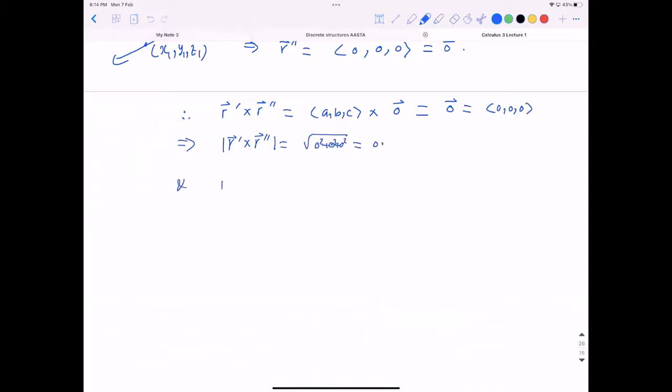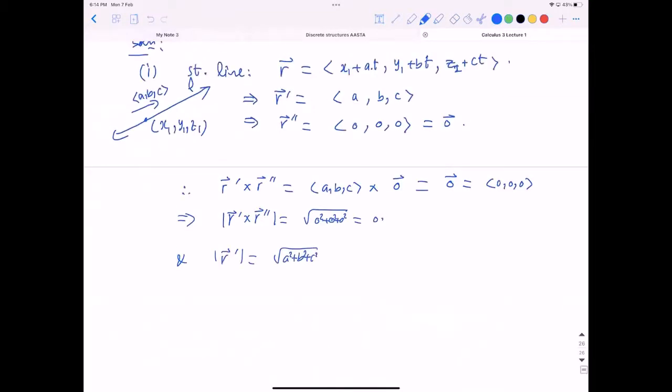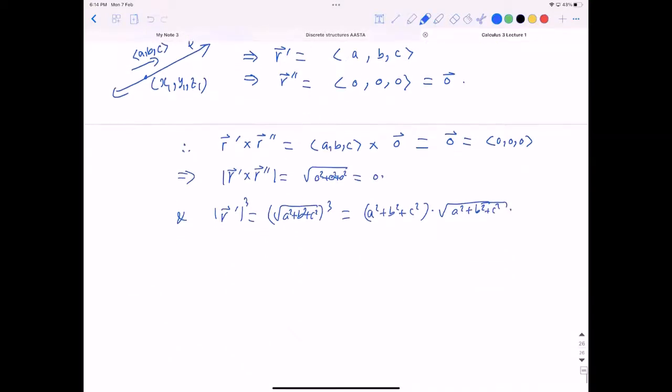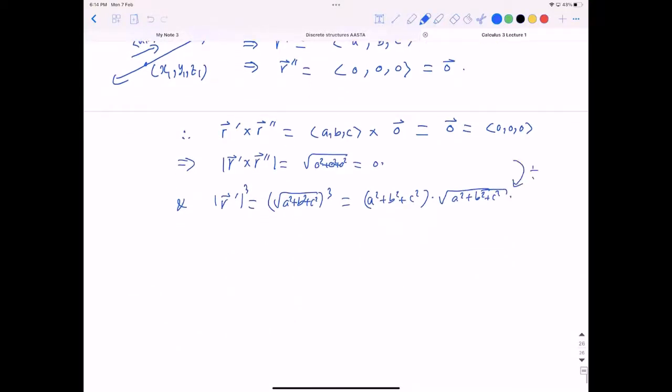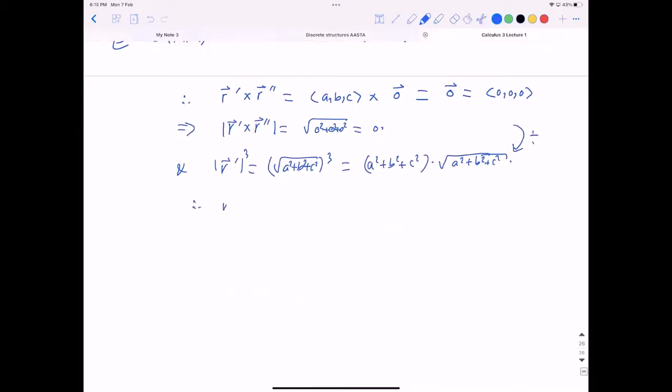And the magnitude of R prime is root a squared plus b squared plus c squared. The cube of this gives you (a squared plus b squared plus c squared) times the square root. Divide 0 by this to get 0.